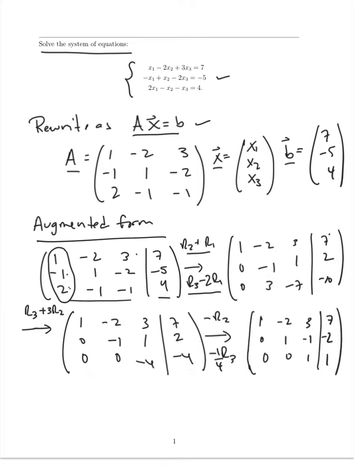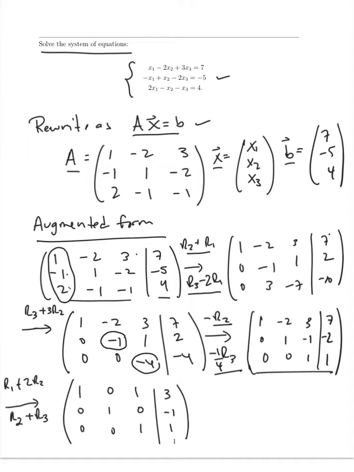Okay, so I can now work on this -1 and this -4 by simply taking the negative of row 2, which gives me positive 1, and then multiplying row 3 times -1/4, which gives me what I have here. Okay, we're getting there.